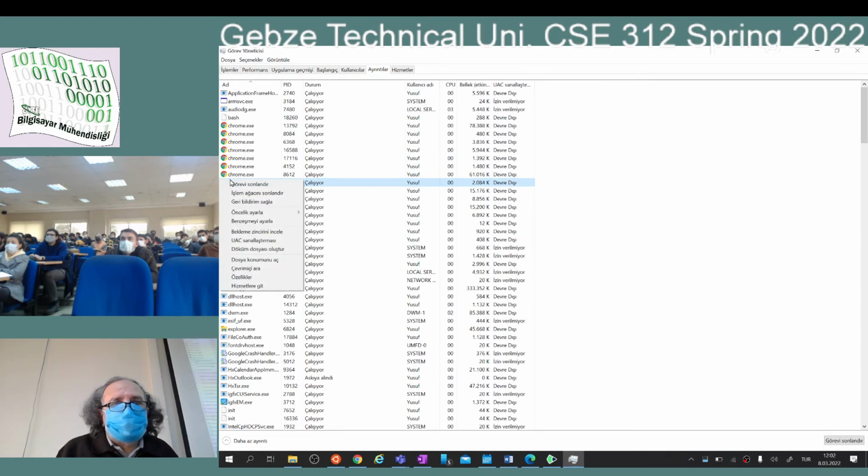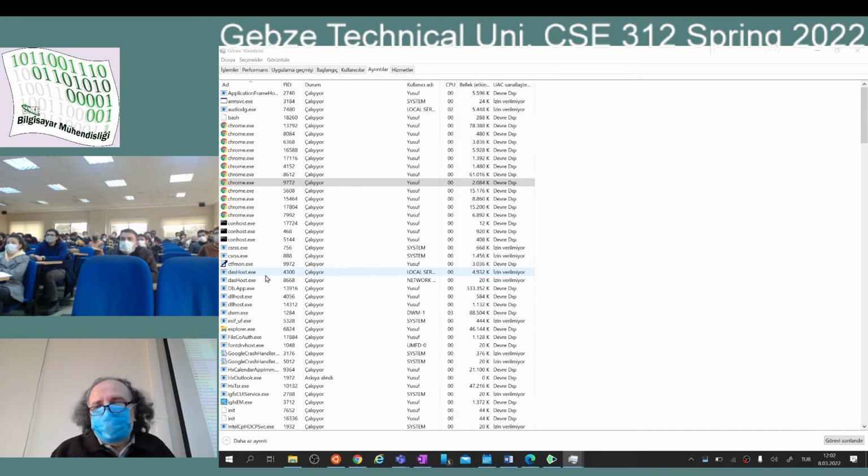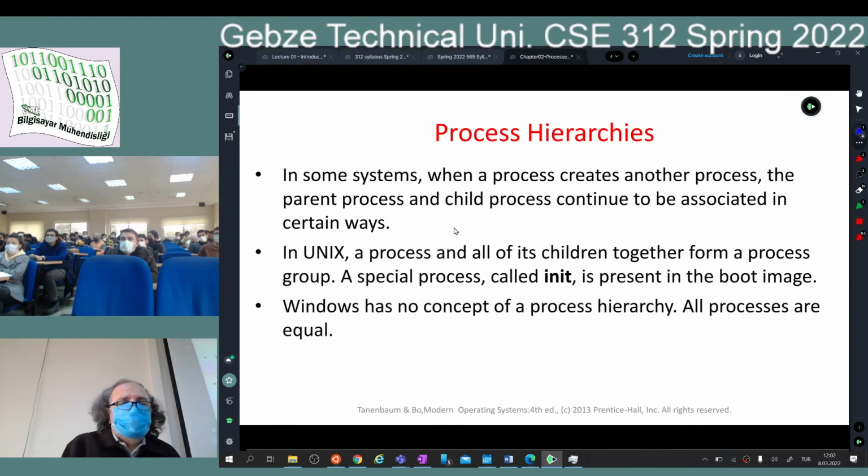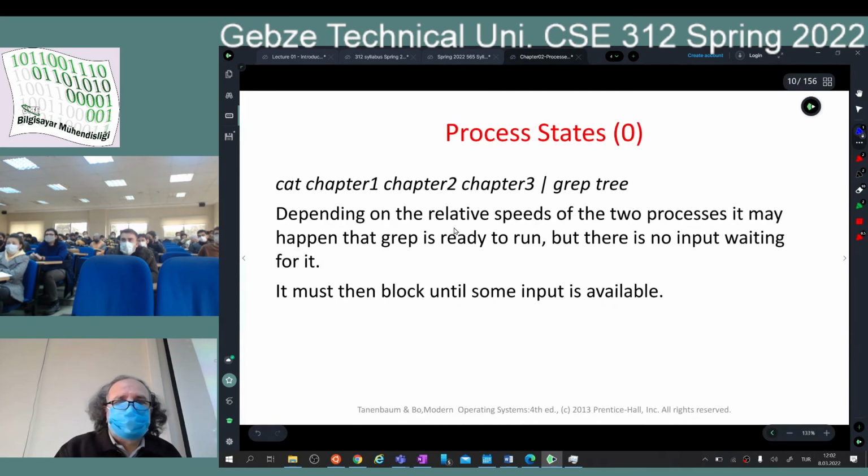Where are the features? I couldn't find it. It is always so confusing to find something in Windows. No, it is the feature of the program itself. But you can emulate these parent-child relationships in Windows too, but it is not as explicit as Unix.